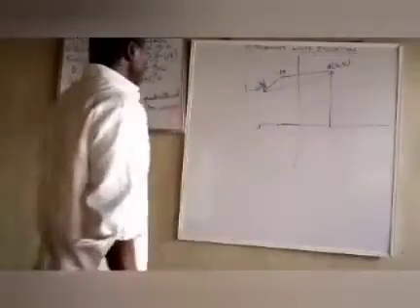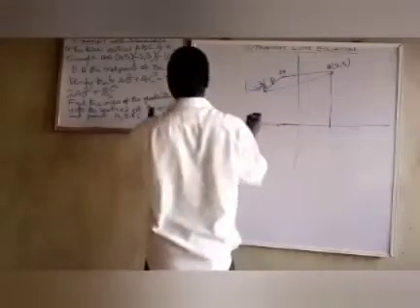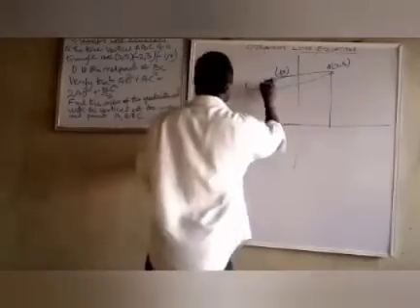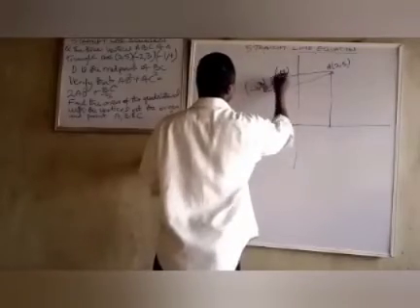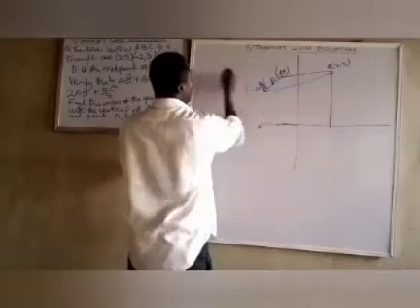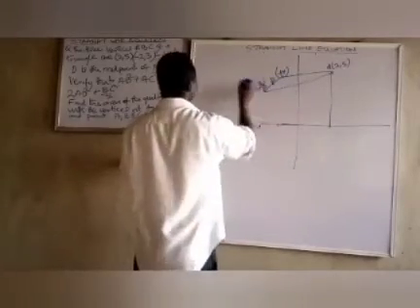D is the midpoint of BC. So how do you find D? It is half. You know how to find midpoint of a line. You add the two x-axis or y-axis and divide by 2. So we have minus 2 minus 1.